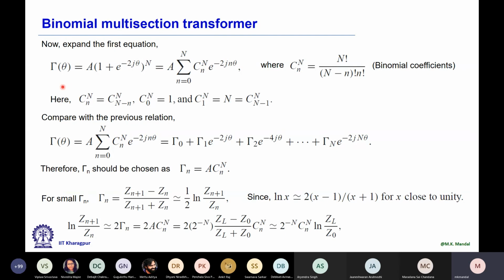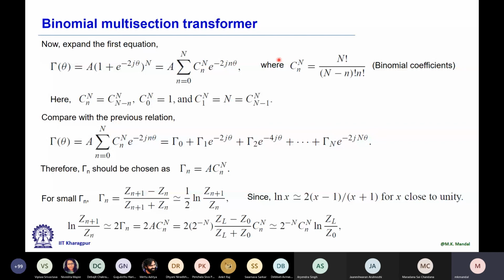So let us expand the first term, then gamma theta is given. We can represent it by a series, sum n equal to 0 to capital N, C_n e to the power minus twice j n theta. So C_n, it is actually the binomial coefficient, and from this it takes the name binomial multisection transformer.